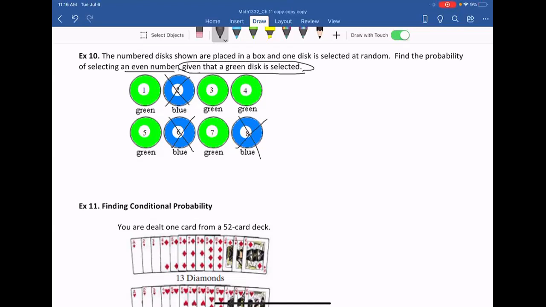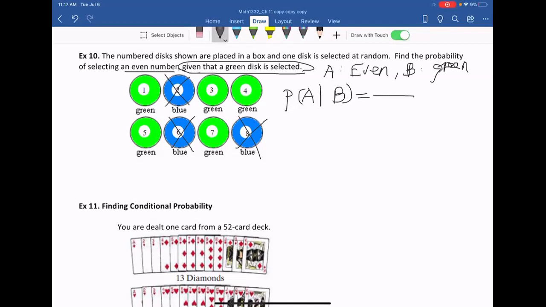An even number, that means let's say A is the even number, and let's B be green. So P of A given B equals... how many green discs do we have?